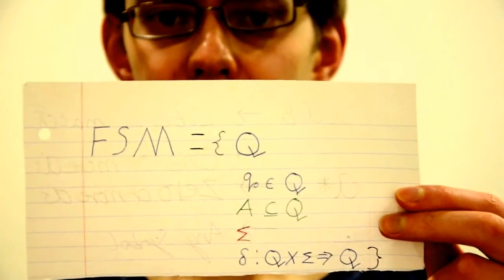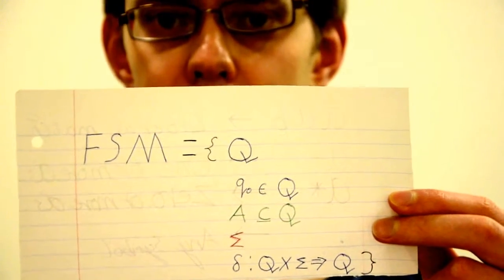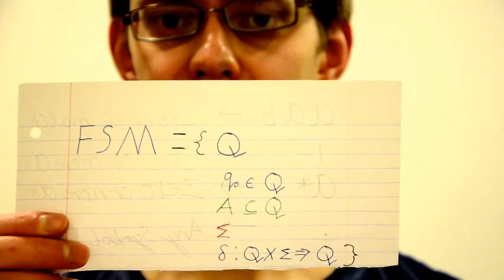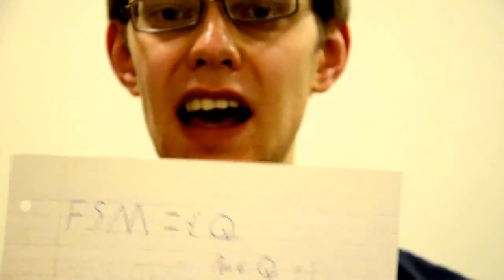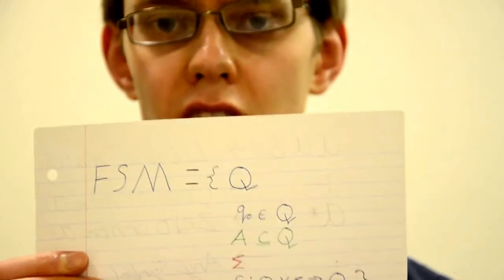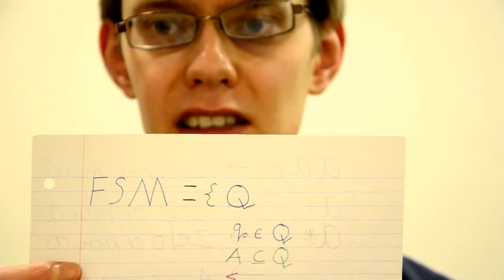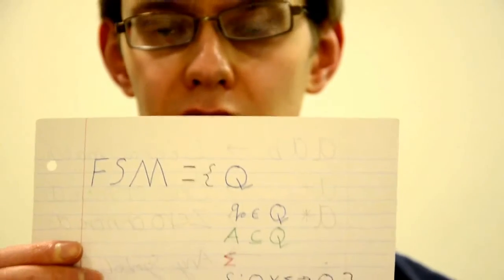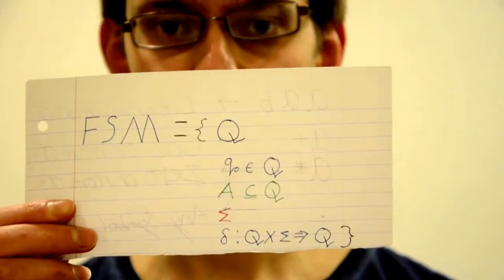Then there is an accept state, or multiple accept states, which are a subset of the total states, and are the points in the automata's execution where it will recognise the pattern within the language that it's been given and approve it and accept it.